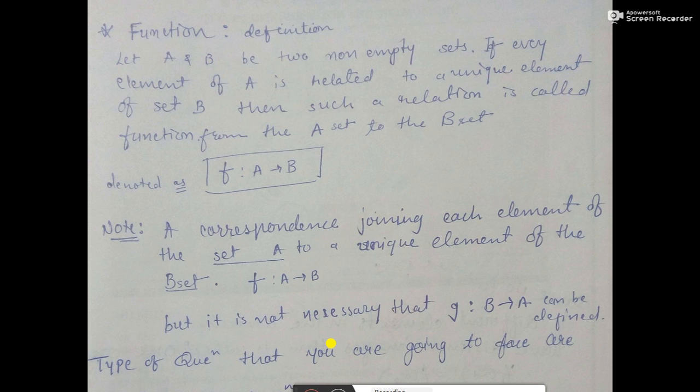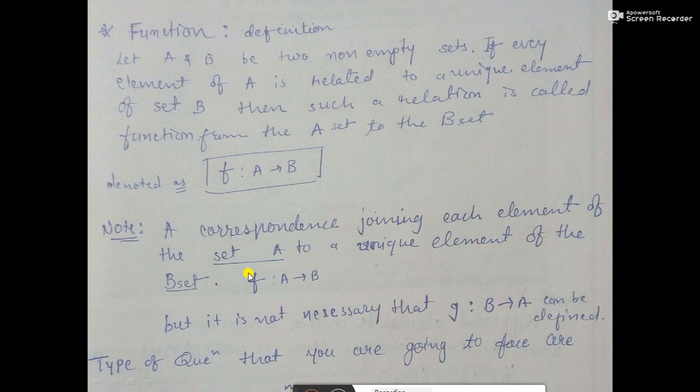Next is, what is function? Function is a set of two properties. Let set A and B be two non-empty sets. If every element of A is related to a unique element of set B, then such a relation is called a function from the set A to the set B. This can be denoted as f: A to B. You have to keep in your mind that a unique element is present over here.